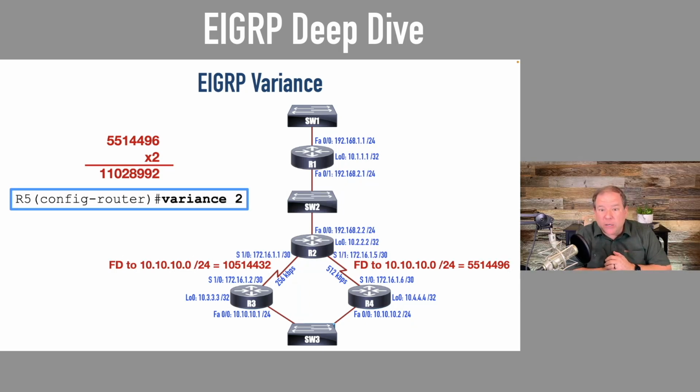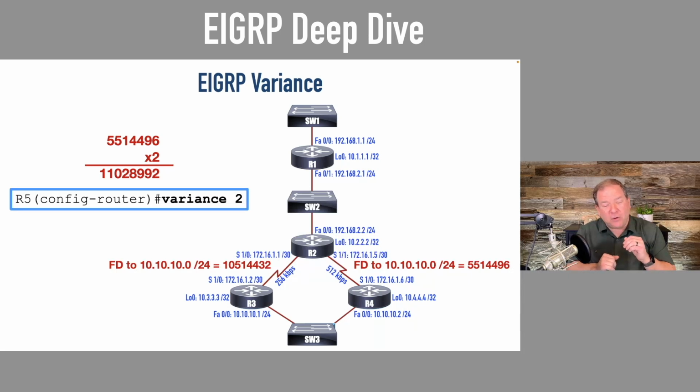Now I've got a range. I've got specifically anything under 11,28,992. Any backup route that has a feasible distance less than that, I'll use it too. It's not just the lowest feasible distance. It's any feasible distance that's less than that 11 million and change value that you see on screen.